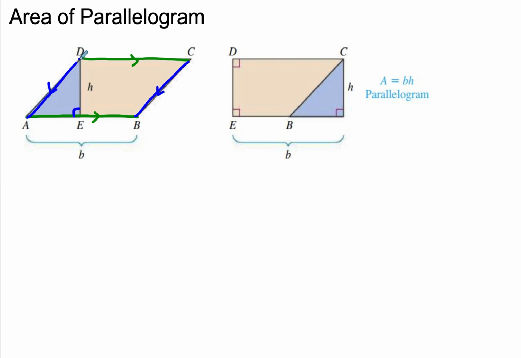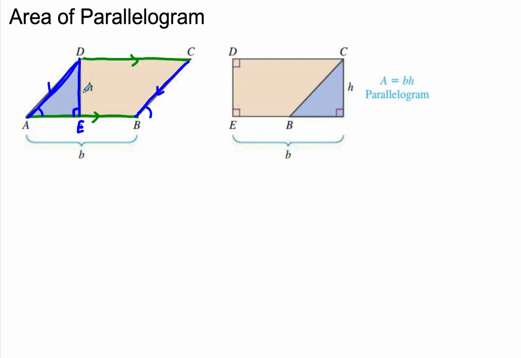So if I connect D and a certain point with a 90-degree angle, let's say that as E, then you can see this is a 90-degree angle. If I move this here, because this is exactly the same length as this one and they are parallel, the angle here is the same, right? So I can just move this to here and make a rectangle.